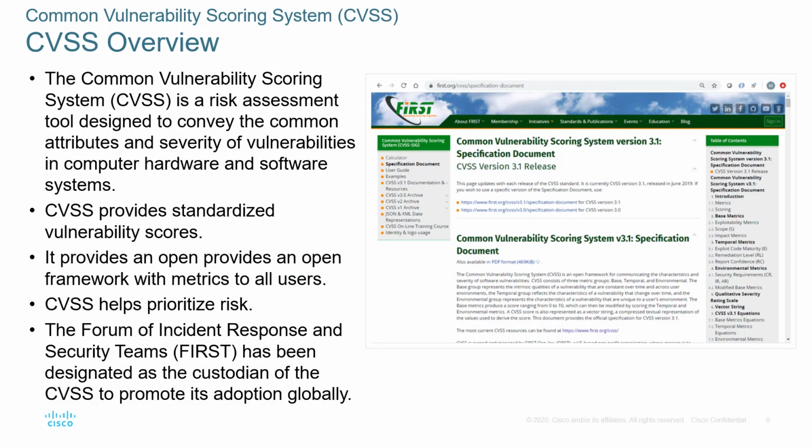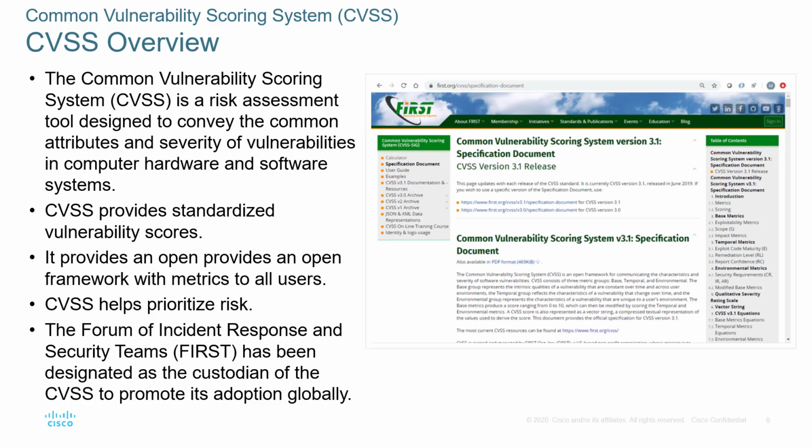And if you go to things like first.org, you can find the specifics on the scoring system. Again, it's used for risk assessment, and it's specific to used to convey the attributes and the severity of vulnerabilities to third parties or to other parties.